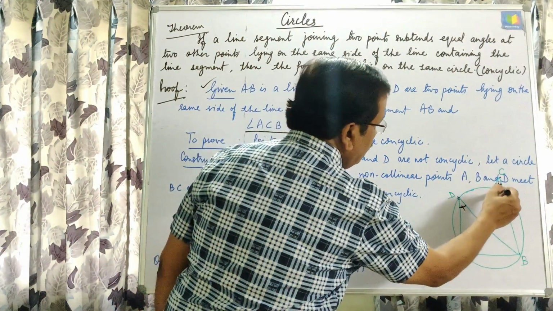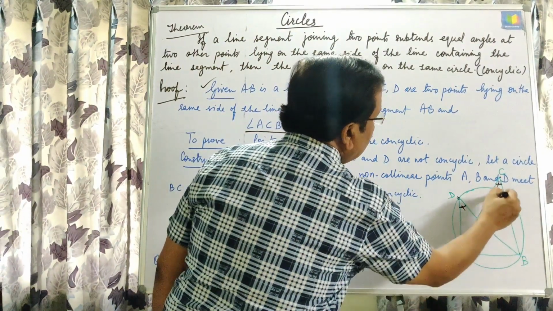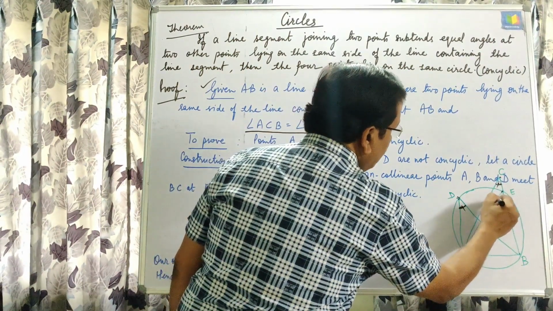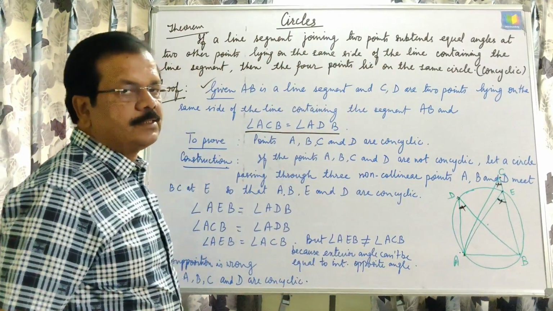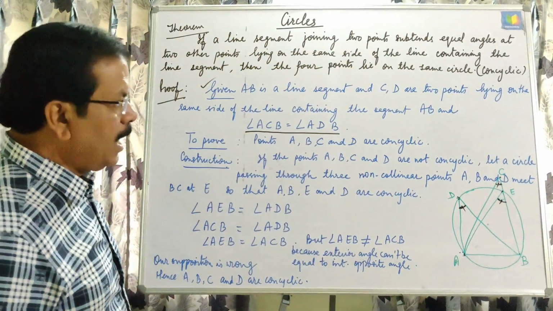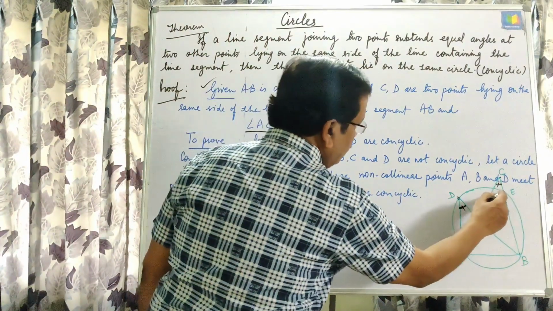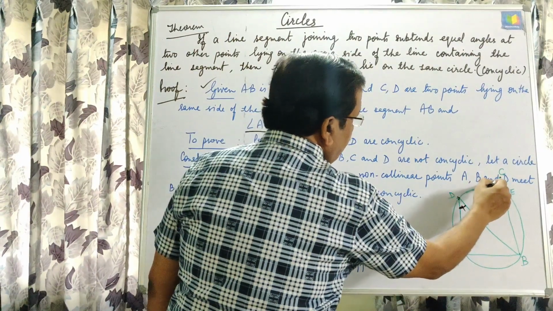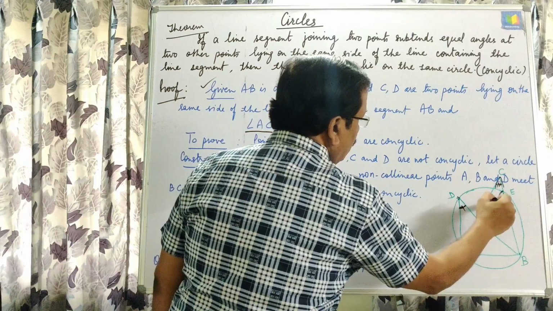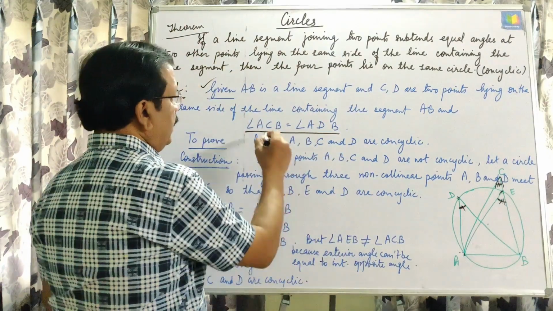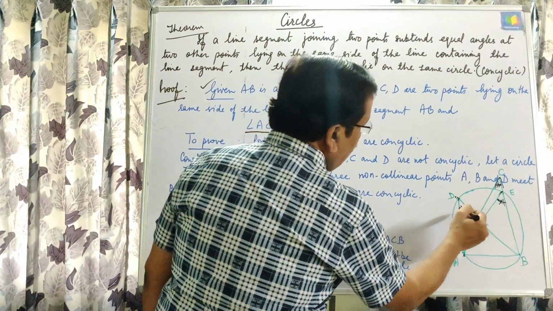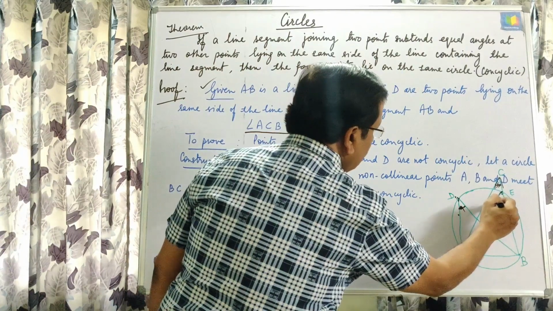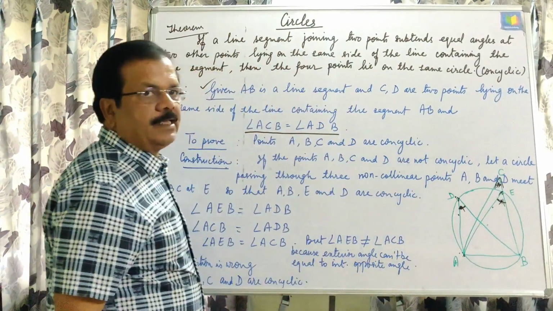Okay, and that is why we will take one point E lying on the circumference here, in such a way that these two angles will be equal, because angles in the same segment are equal. If any other point E, these two angles are equal, but we suppose that this angle is equal to this angle, that is ACB is equal to ADB. If angle ADB is equal to angle AEB, then angle AEB will be equal to angle ACB.